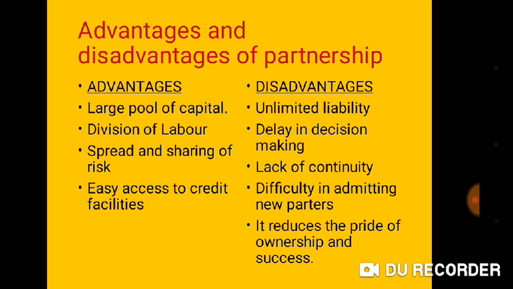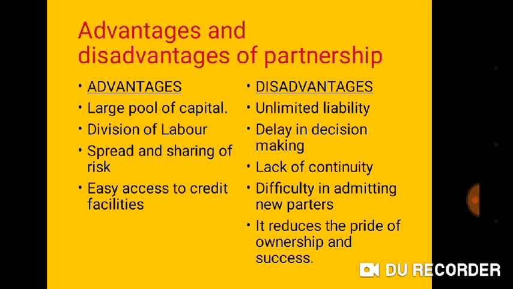Then, partnerships have easy access to credit facilities because there is credibility that at least if one partner is not found, the other partner can be found. And so, credit facilities are readily available for partners than sole proprietors.